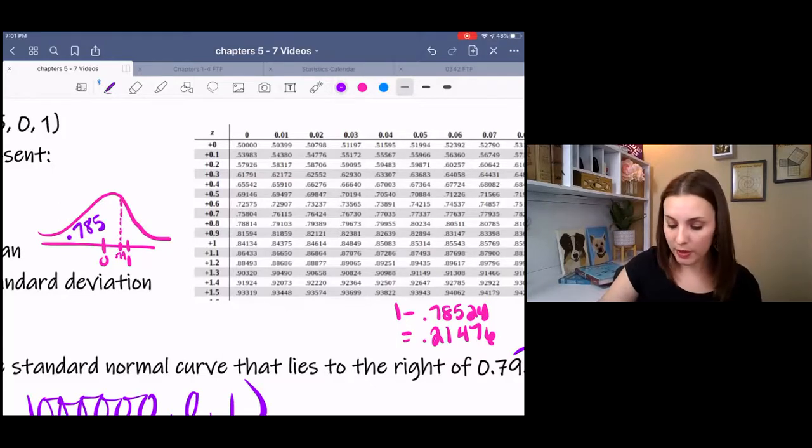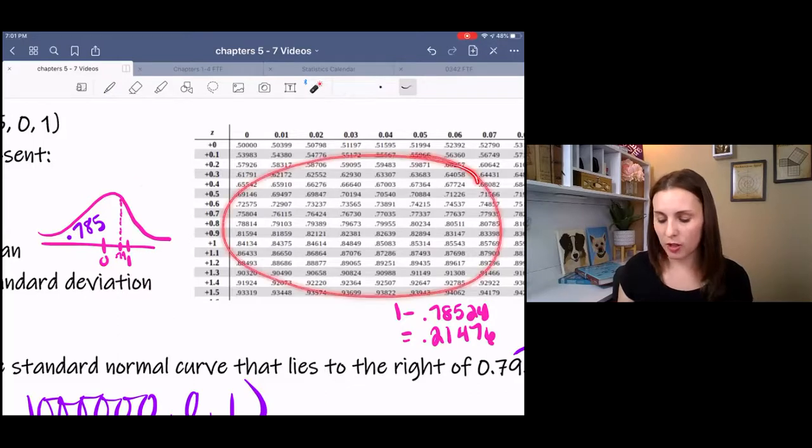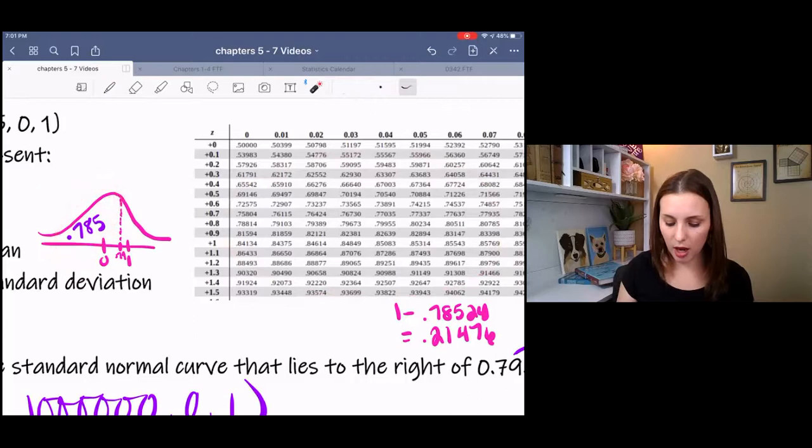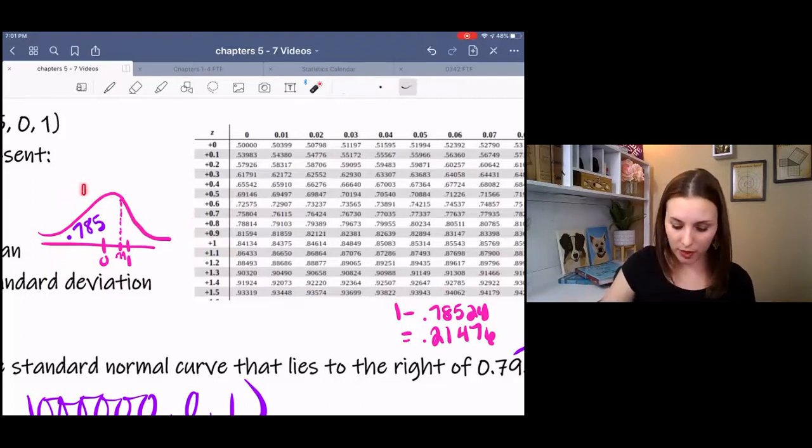So what the problem is asking for is not this. It says, what's the area to the right? So sometimes it can help if you draw that picture to give you that visual of, what am I finding? These values give you the area to the left. So if you draw a picture, you can see, oh, okay, that's that area, but they want to the right. Well, if the whole thing is 1, then to find the right, you do 1 minus 0.785.